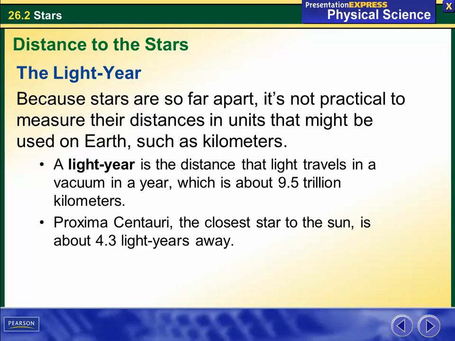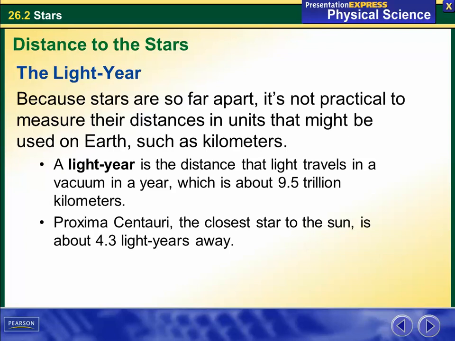It's a very long distance, so it would be very impractical to write out 9.5 trillion kilometers for just one light year. That's why we have it broken down this way. Proxima Centauri, the closest star to the sun, is about 4.3 light years away.